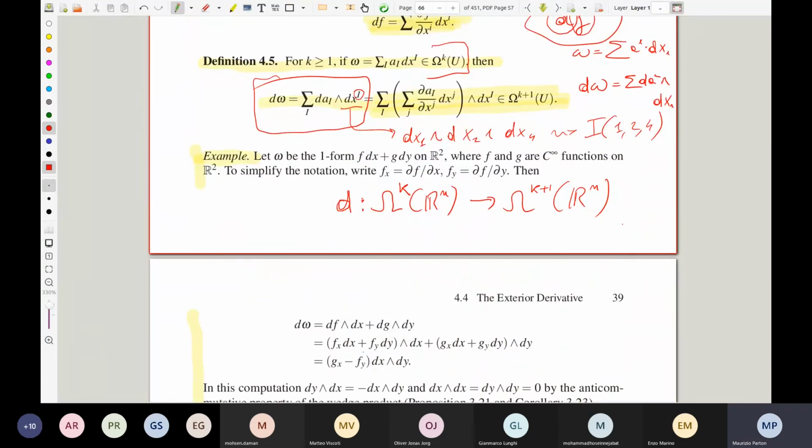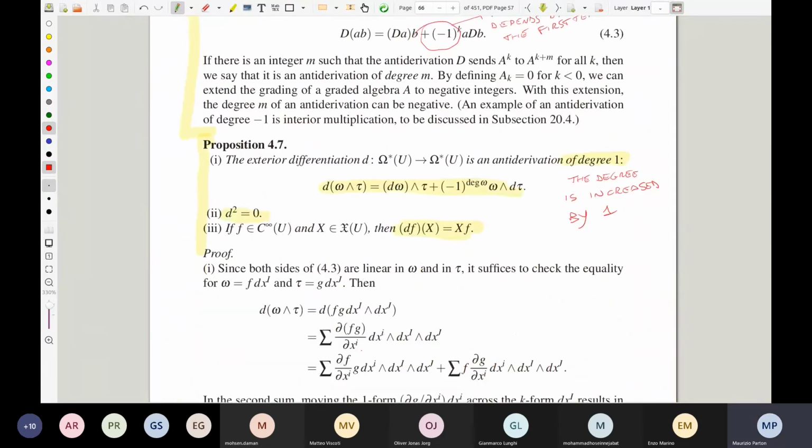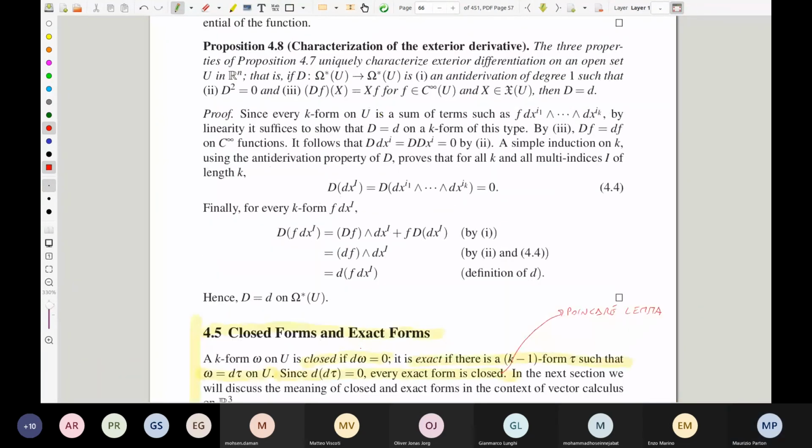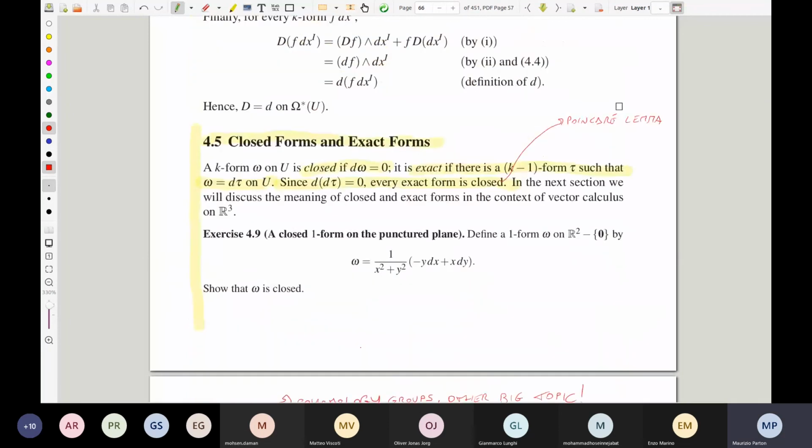Very good. And now, before stopping, you know the fact that on Rn, if you take again the exterior derivative, you obtain zero. This is a general property of this map.